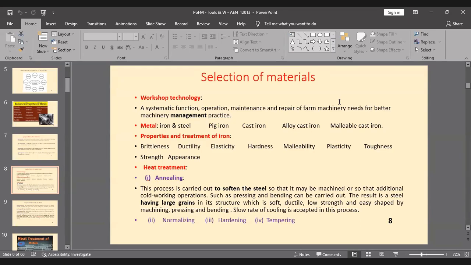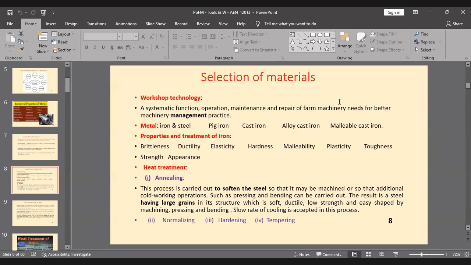Right, that is metal. Properties and treatment of iron: brittleness, ductility, elasticity, hardness, malleability, plasticity, toughness, strength and appearance. There are different types of properties available in metal. By heat treatment, we can have different types of metal, especially steel, with different characters.